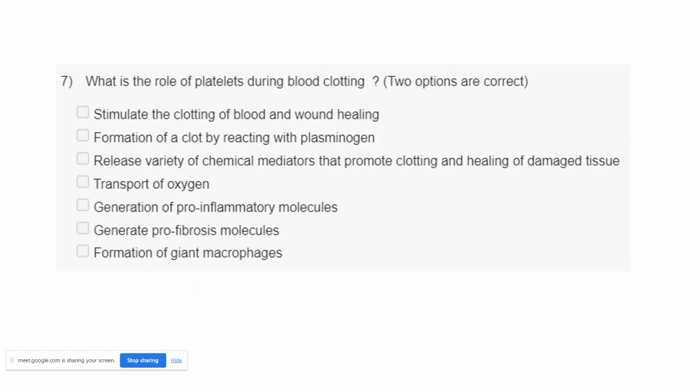Okay, next question. What is the role of platelets during blood clotting? You have to select two correct options. Stimulate the clotting of blood and wound healing, formation of a clot by reacting with plasminogen, release variety of chemical mediators that promote clotting and healing of damaged tissue, transport of oxygen, generation of pro-inflammatory molecules, generate pro-fibrosis molecules, and formation of giant macrophages.